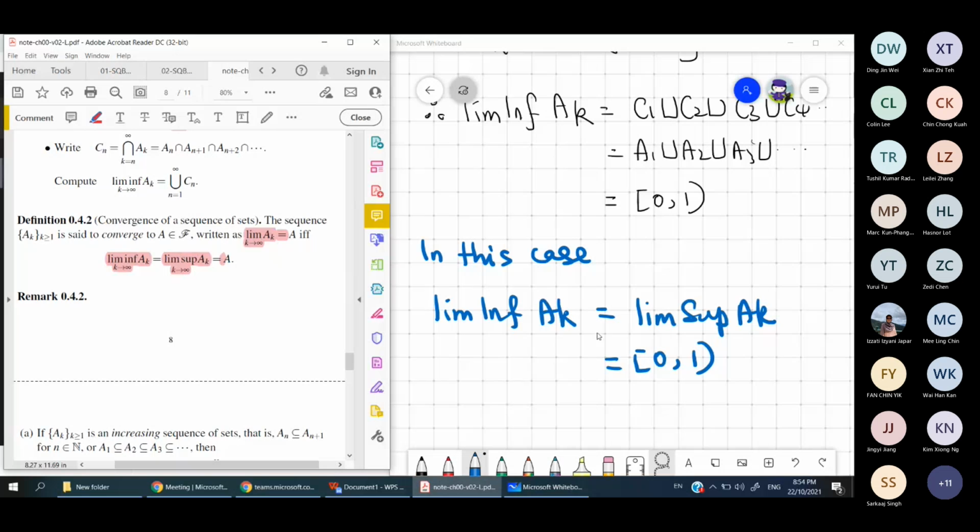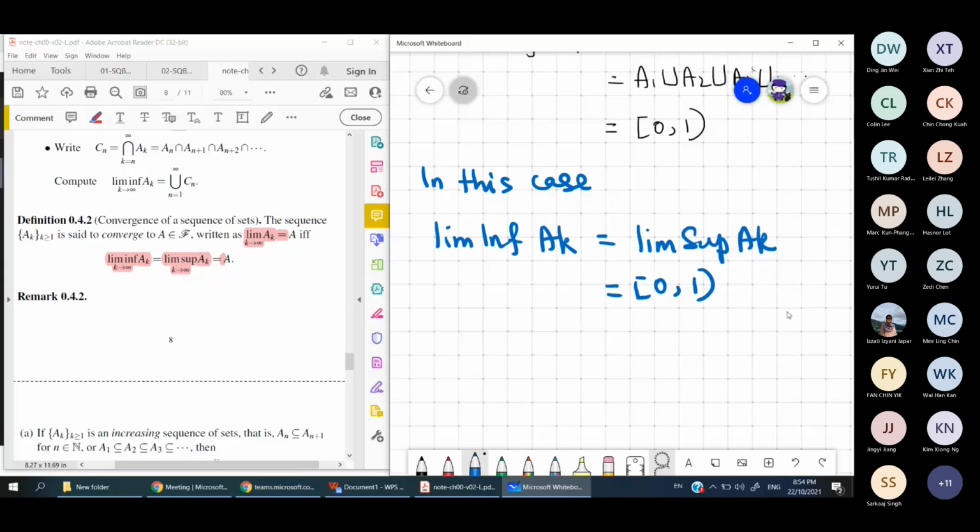So in this case, the limit infimum of AK equals the limit supremum of AK. Hence, in this case, we can say that the limit of AK is equal to [0, 1), according to these definitions.